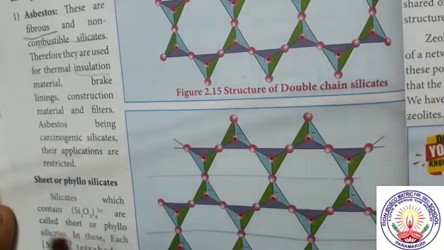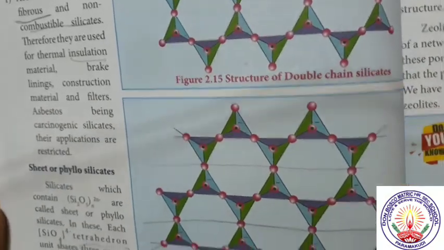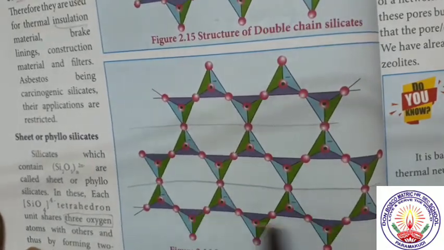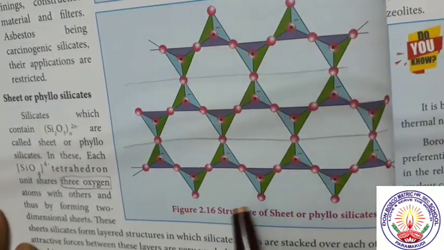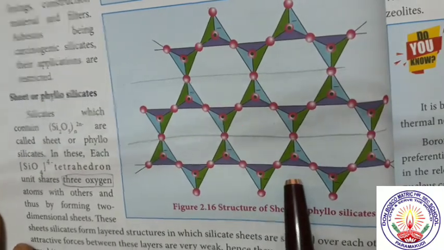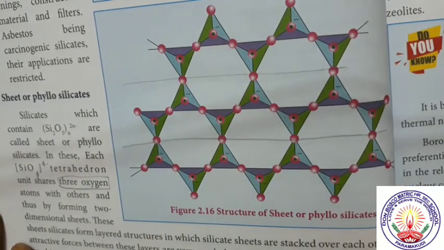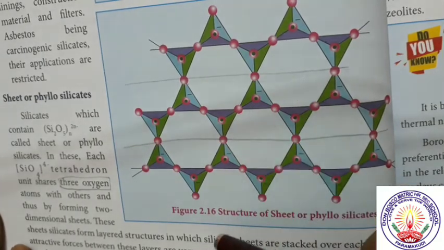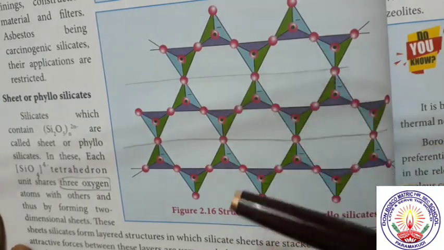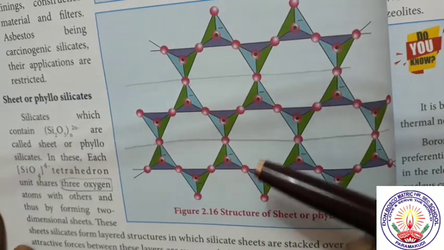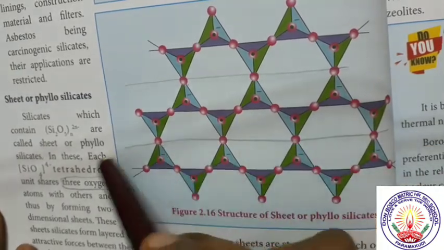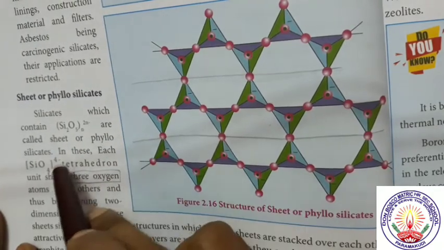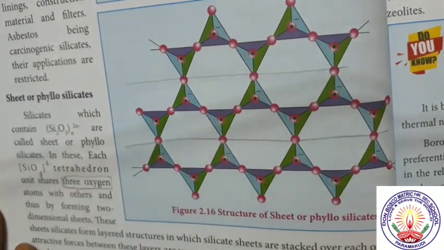Next, sheet or phyllosilicates. Now here you see 1 2 3 layers are there. These silicates contain 2 silicon 5 oxygen, n times, and are called sheet silicates.